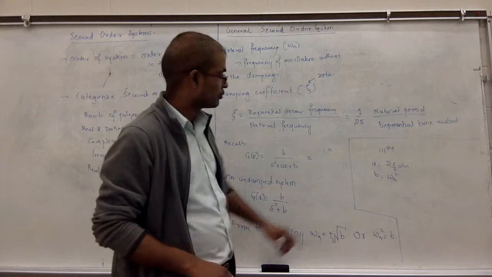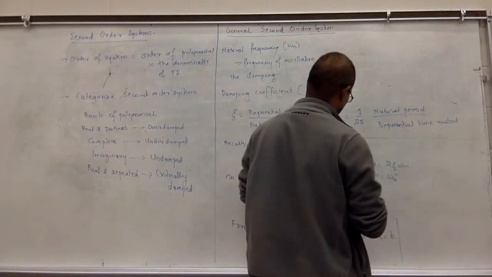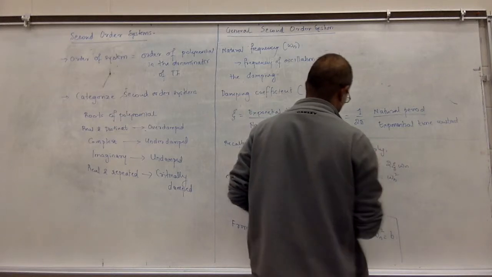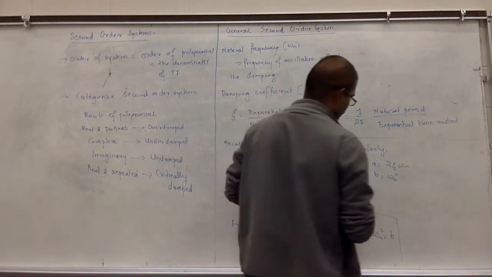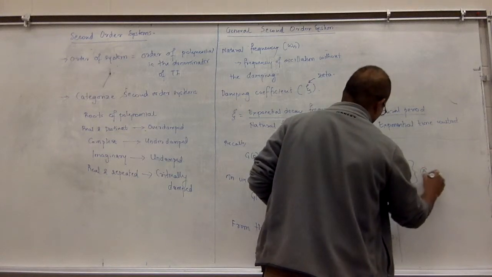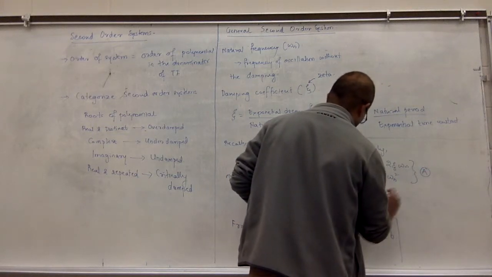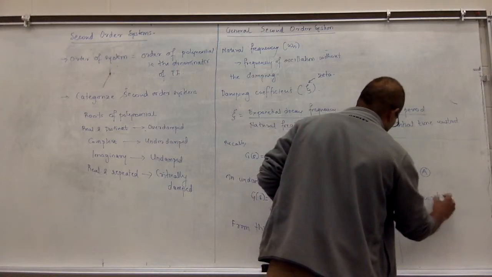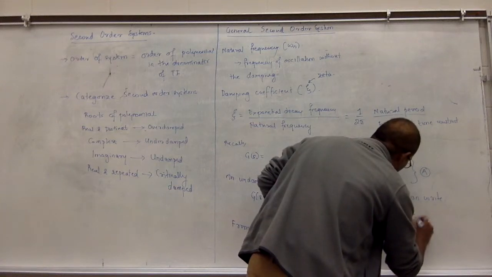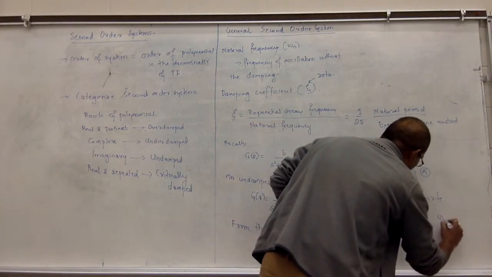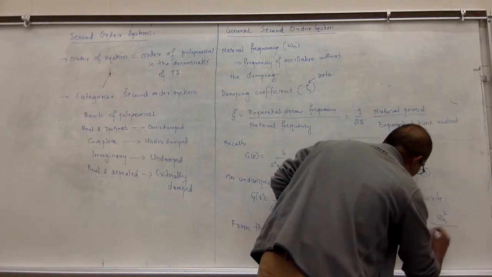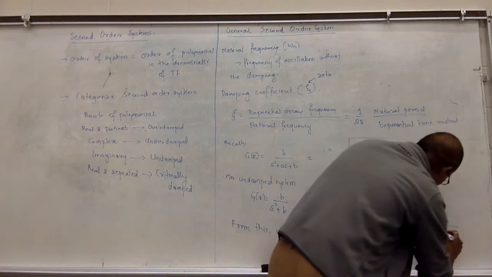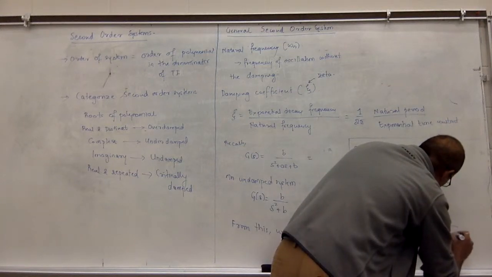And similarly, this is A. From A, you can write G of S is equal to omega n square divided by S square plus 2 zeta omega n S.